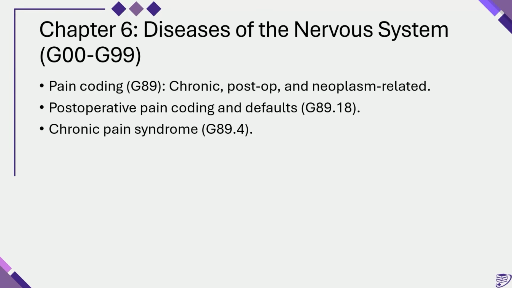When coding for postoperative pain, G89.18 is used if the pain is not routine. And be sure to know the default coding for acute postoperative pain. Chronic pain syndrome, which is coded with G89.4, should only be used when it is specifically documented by the provider.